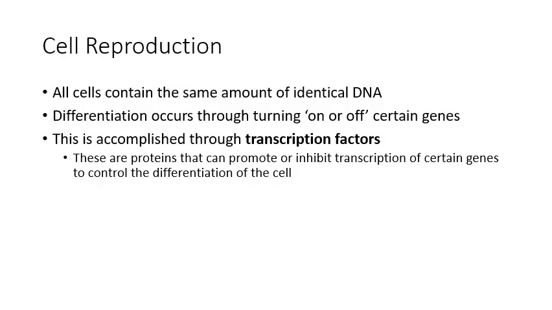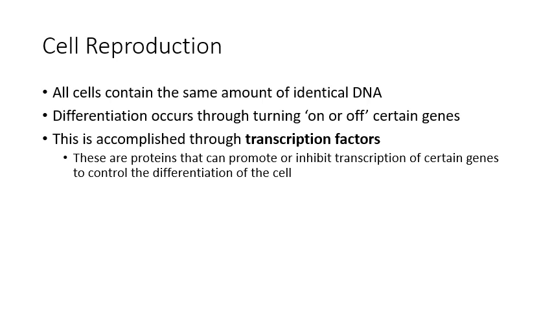Okay. So as far as cell reproduction goes, all of your cells are going to have identical DNA, no matter what type of cell we're talking about, except for egg and sperm. And remember, we talked last week about the process of differentiation, how we go from being a stem cell that's capable of becoming multiple different cell types into becoming all of those different cell types. You have roughly 300 different types of cells in your body.